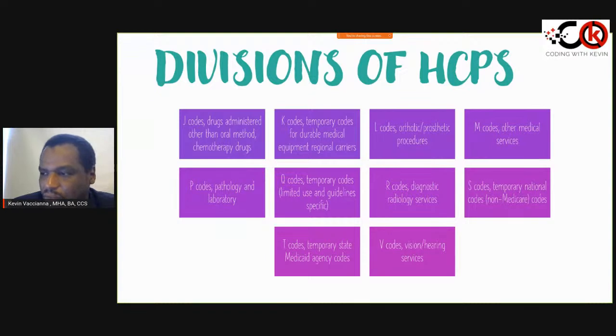P codes are pathology and laboratory, S codes are temporary codes, and T codes are temporary codes, but Medicaid agency driven. That's driven by state because Medicaid is per state. And you're going to have your V codes. The V codes are for vision and hearing services.